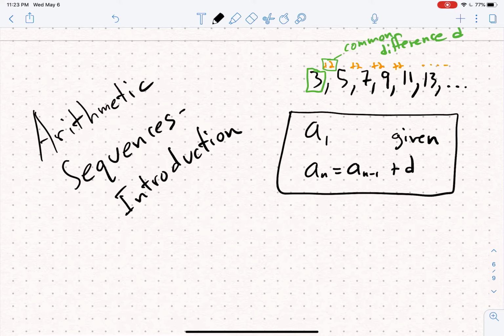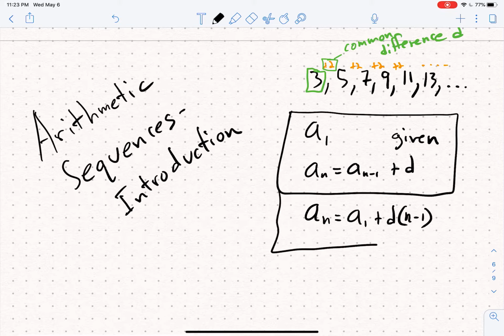We also, amazingly, have an explicit... This is a recursive definition. It tells you how to get from one term to the next. But in the case of these arithmetic sequences, we also have an explicit formula, a general formula for the nth term, which looks like this. AN is equal to, you take the initial term, A1, and then you add D. If we're going up from 1 up to n, you do it n minus 1 many times.